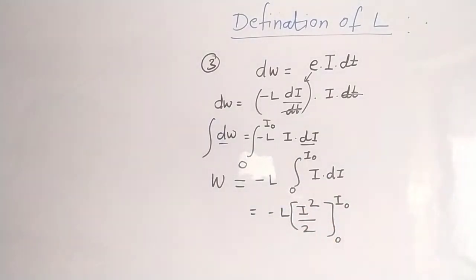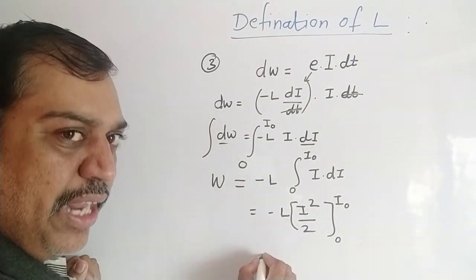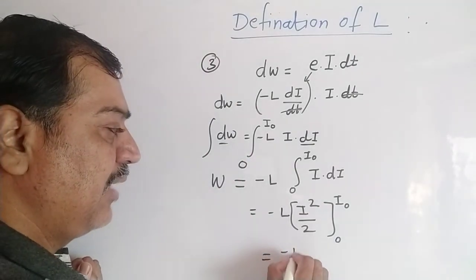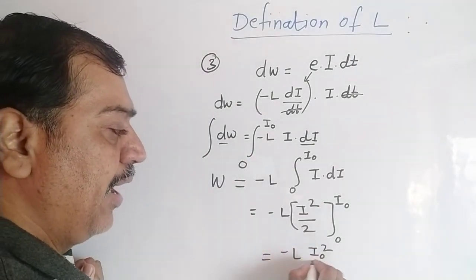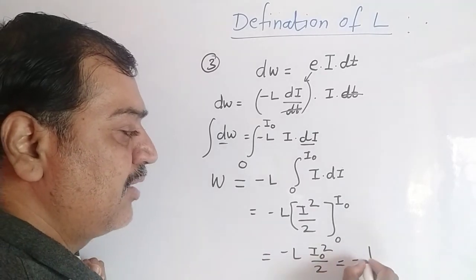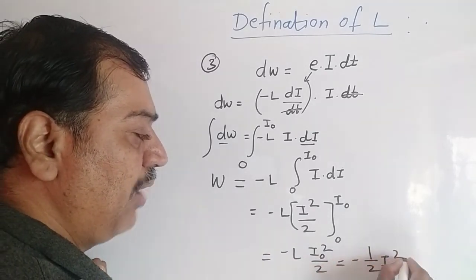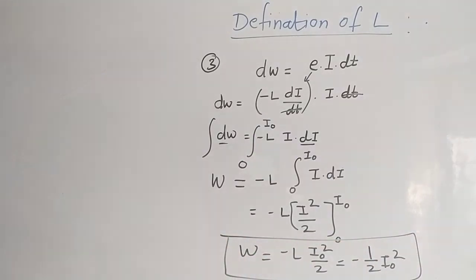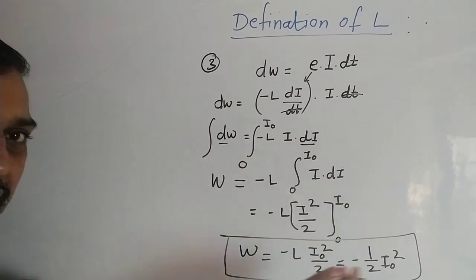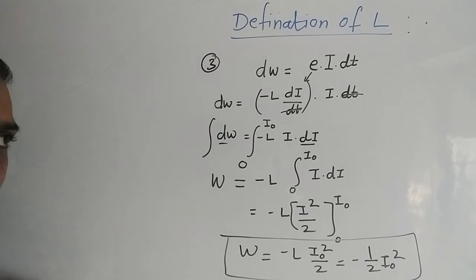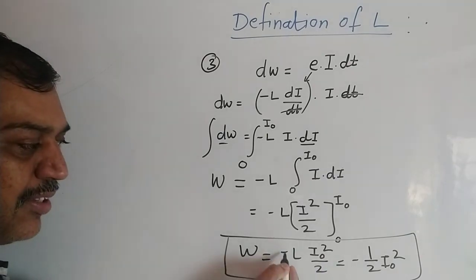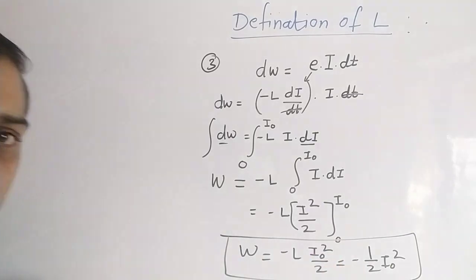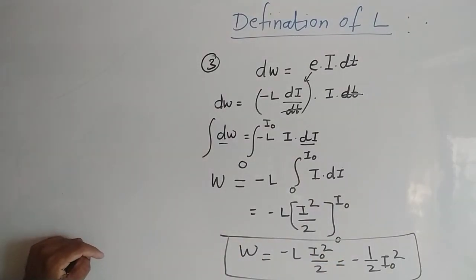Upper limit minus lower limit gives minus L I0 square divided by 2, or minus 1 by 2 L I0 square. This is the work done we have found. If you want only the magnitude, take the plus sign, or neglect the minus sign.